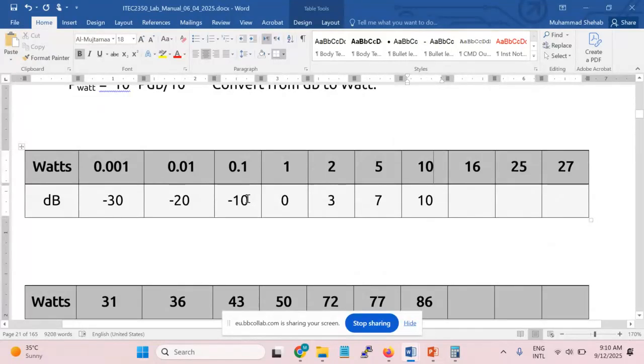So minus 10 in dB equals 0.1, 10 in dB equals 10, minus 20 in dB equals 0.01, minus 30 in dB equals 0.001.